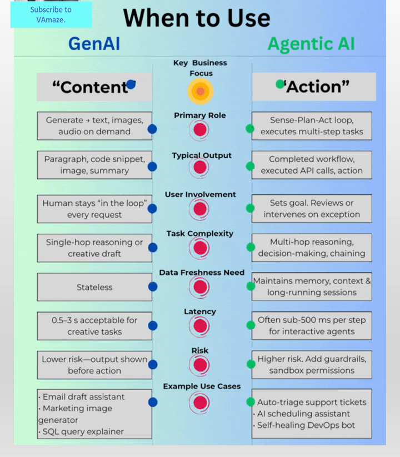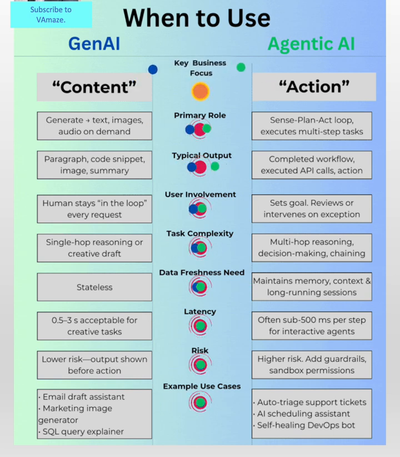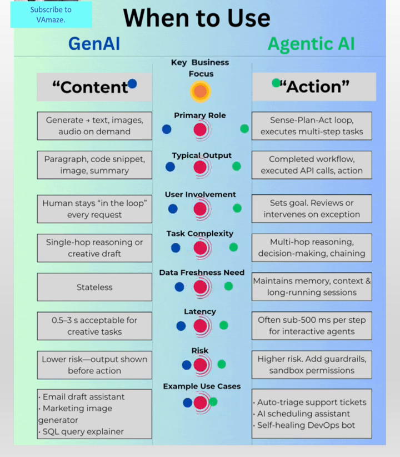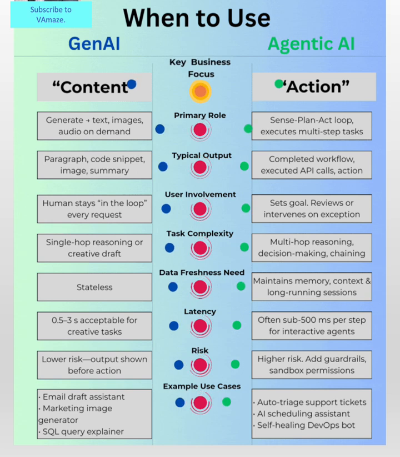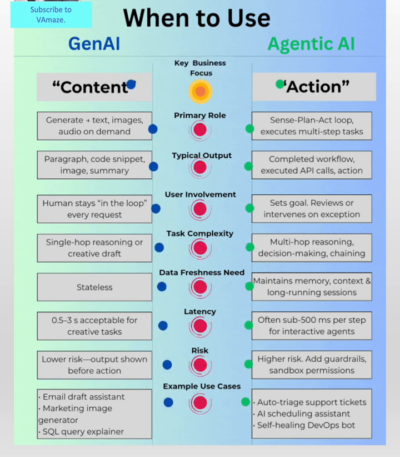Technical characteristics. Unlike GenAI, Agentic AI maintains memory, context, and long-running sessions. This stateful operation allows them to remember previous interactions, learn from outcomes, and maintain coherent behavior across extended workflows. These systems are designed for interactive agents with often sub-500 millisecond response times per step, enabling real-time decision-making and responsive automation.